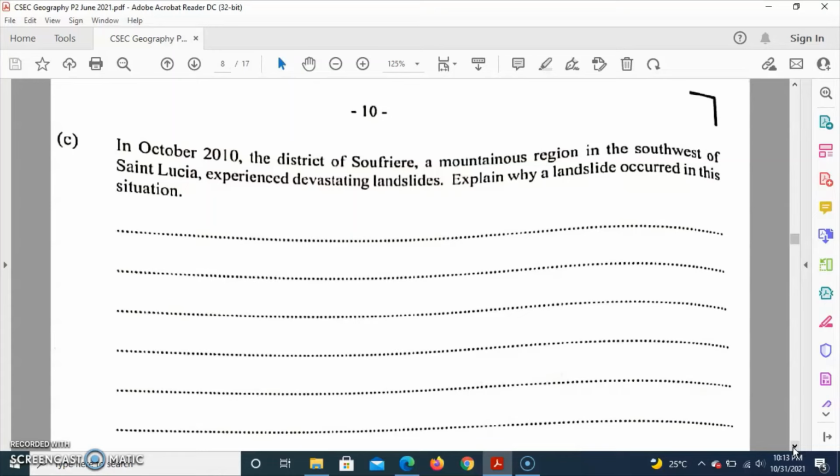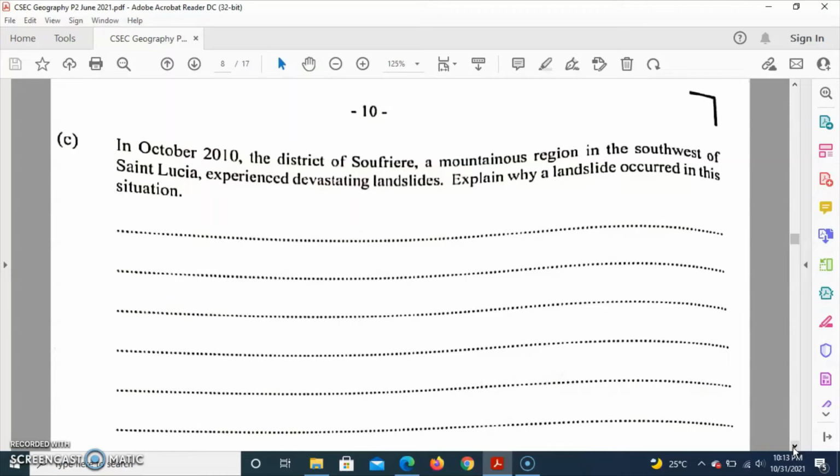The area could have experienced earthquake activity that could aid in the slope becoming unstable and sliding as well. Another reason is that the area could have experienced a prolonged period of rainfall, and we know that the excess amount of water moistens the soil and makes it unstable, which could have led to the landslide.